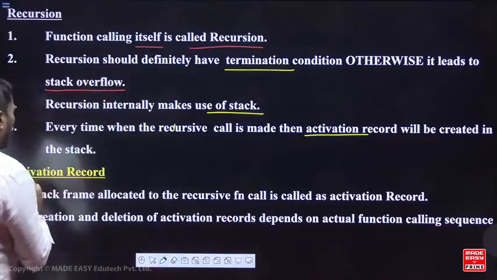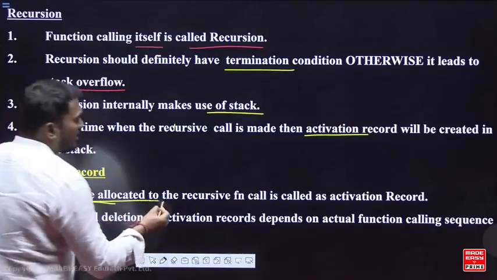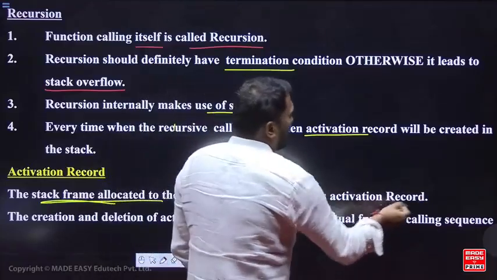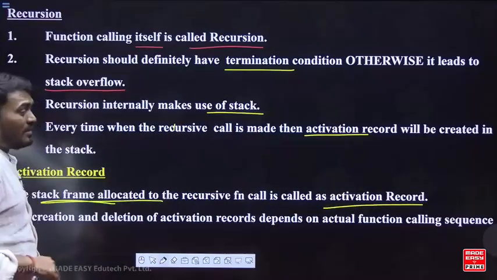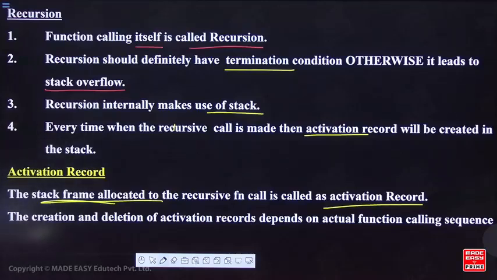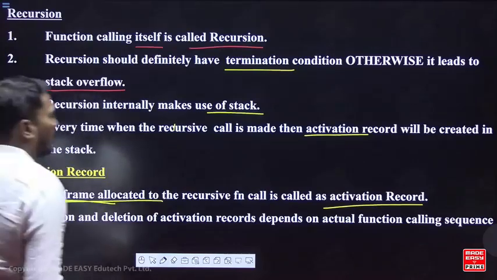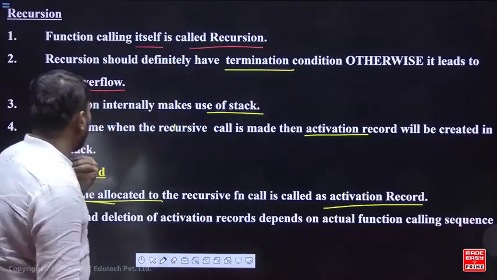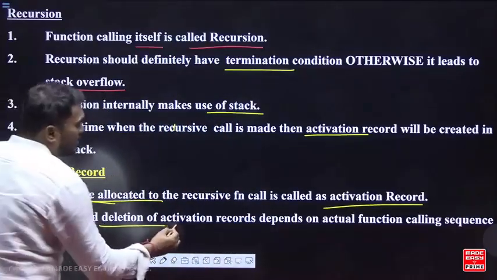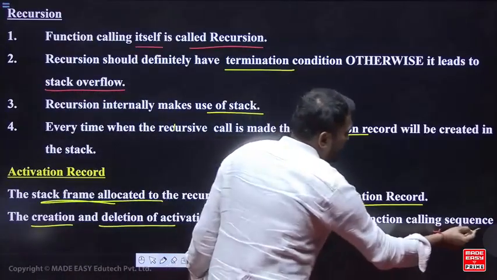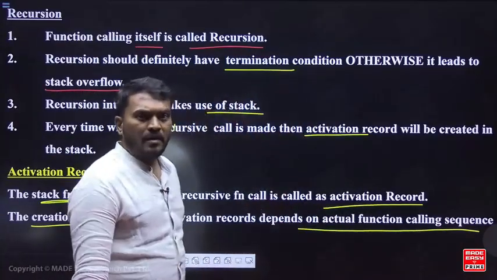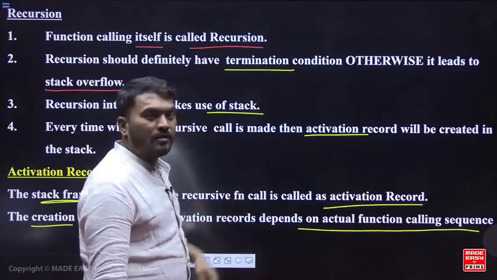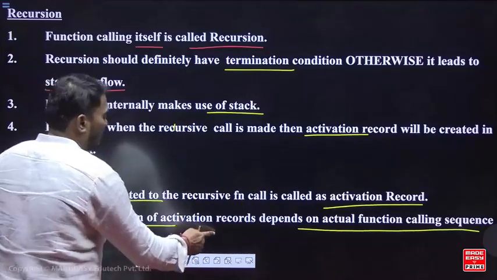The stack frame allocated for the recursive function call is called the activation record. And remember, creation and deletion of the activation records depends on the actual function calling sequence. What is the meaning of all the points? You will understand that with the example.